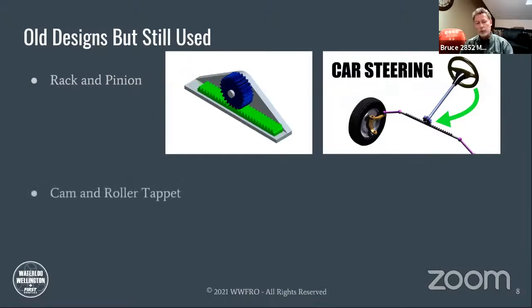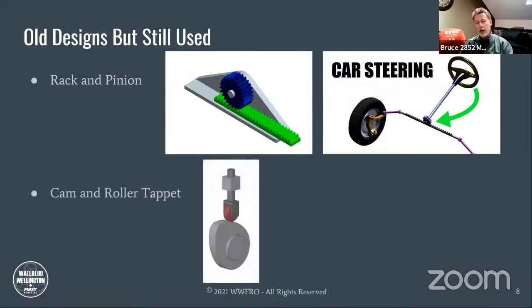A cam and roller tappet, another common mechanism. You can see the lobed cam with the high point and then a bit of a circular section. As that high point rolls by that roller, it pushes that tappet up and down.